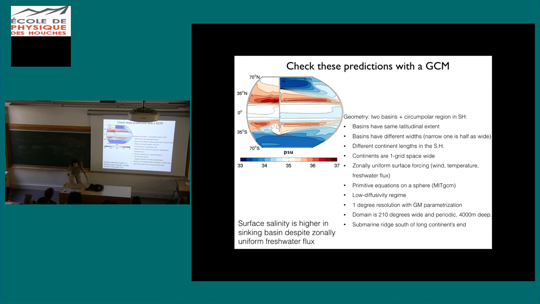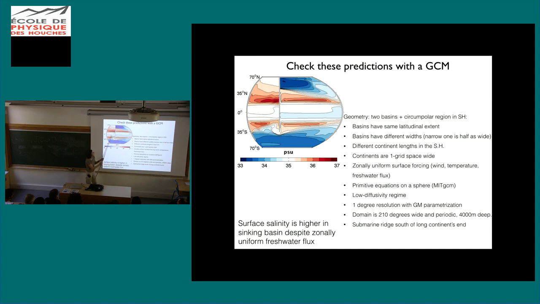And the reason is that we have to have exchange between the non-sinking basin and the sinking basin. And that exchange is proportional to the width and the area, because the total Ekman transport, integrated Ekman transport, is proportional to the width, and the diffusive transport is proportional to the area.